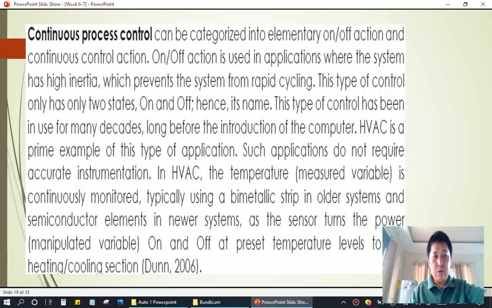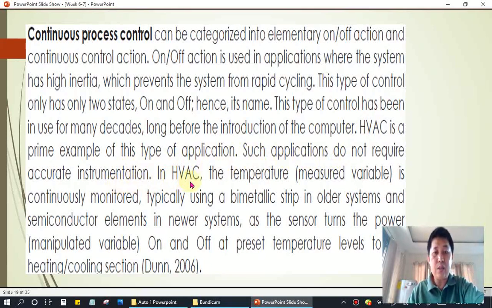So this type of control only has 2 states, on and off, hence its name. This type of control has been used for many decades, long before the introduction of the computer. So HVAC, this is air conditioning and refrigeration, is a prime example of this type of application, which does not require accurate instrumentation.